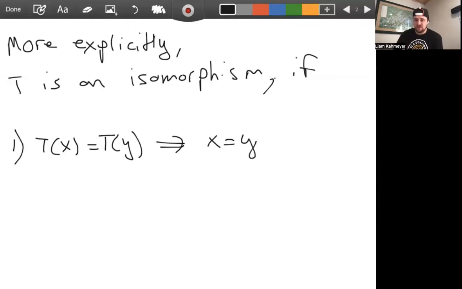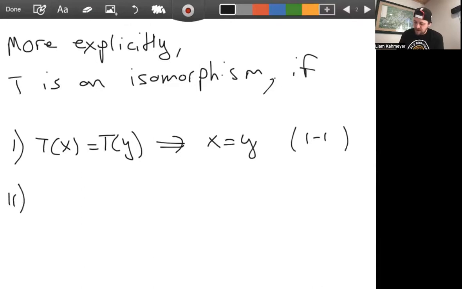This was our injectivity criterion, the injective or one-to-one property.